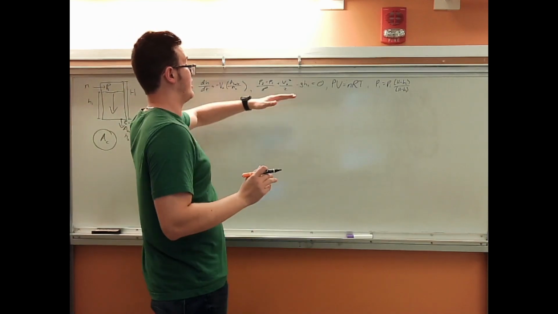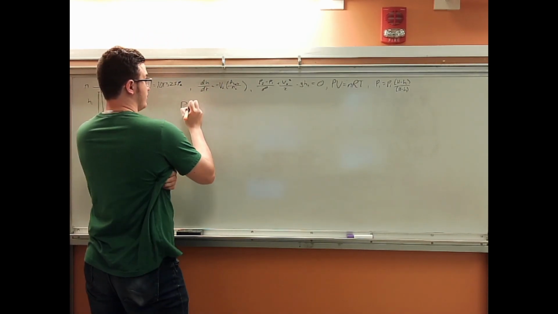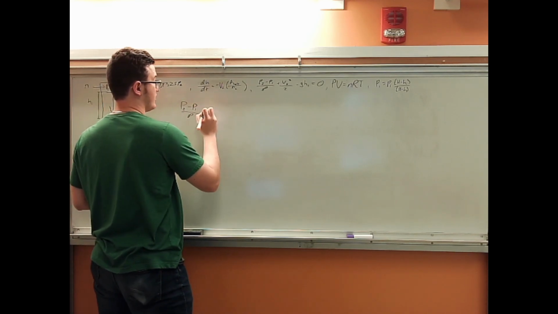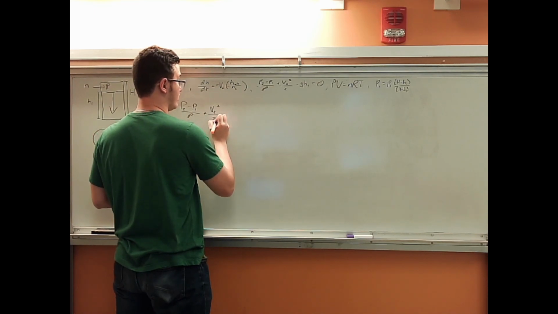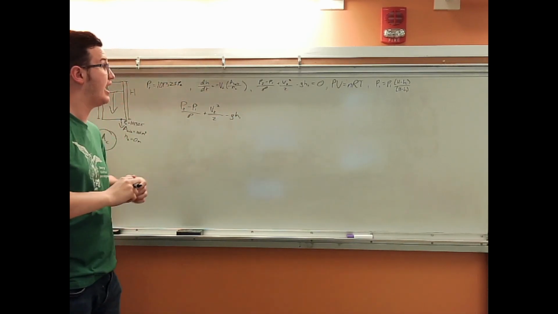So we're going to bring this bad boy back down. This goes to pressure at state 2, minus pressure at state 1, divided by the density, plus the velocity squared over 2 minus gravitational constant times the height.